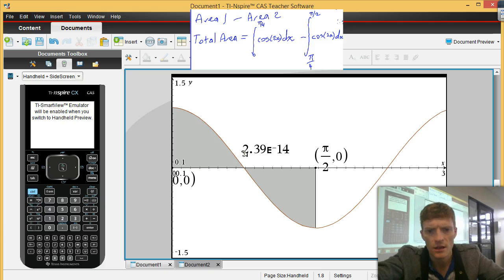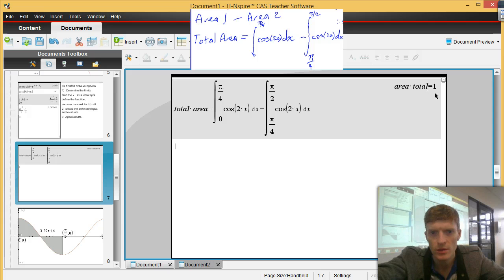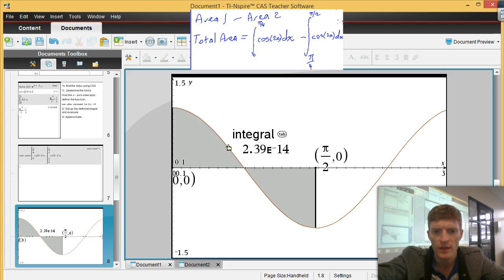Now hang on, this is a very small number, almost like 0, but we got a total area not of 0, we got a total area of 1 looking at our definite integral. So finding the area underneath the curve using this estimation tool with the CAS again does not think ahead and do a subtraction of this second definite integral here. They are almost cancelling each other out.